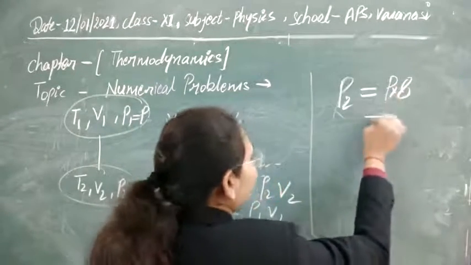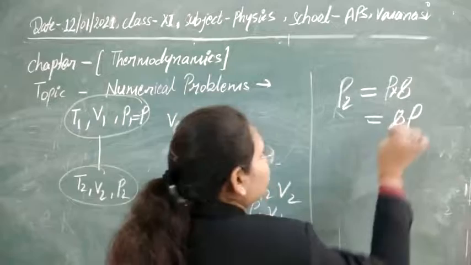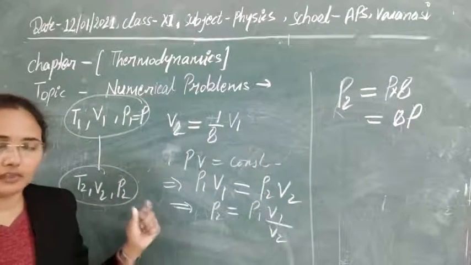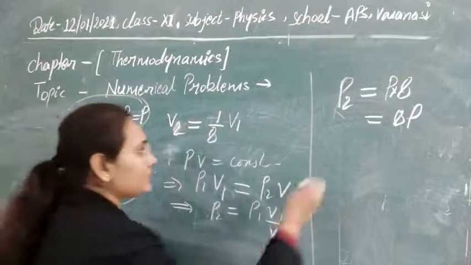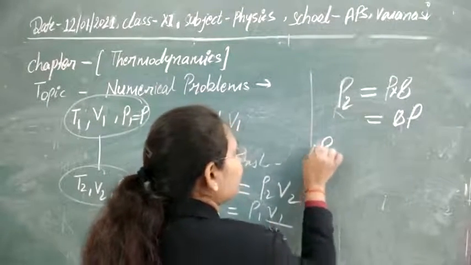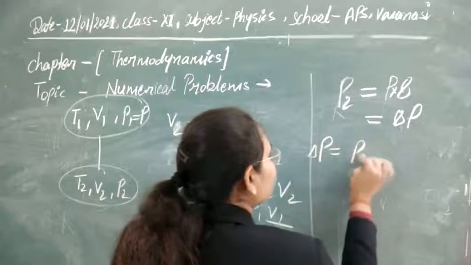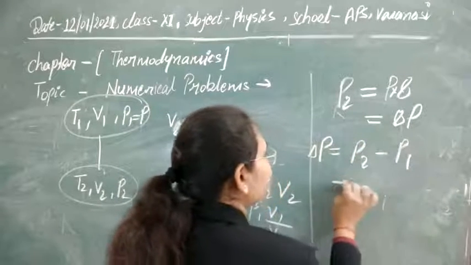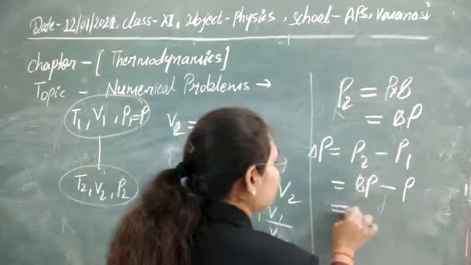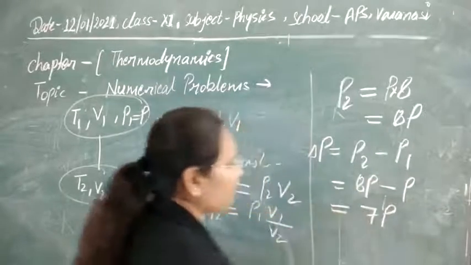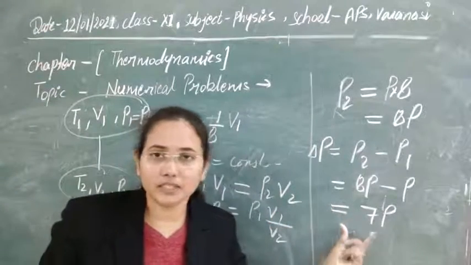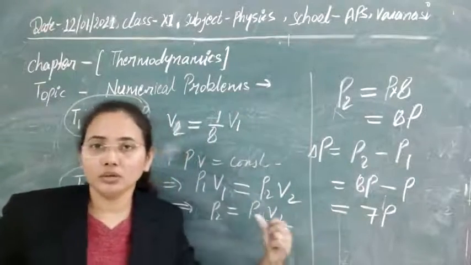So finally you get the value of P2 equal to 8P. Now for the change in pressure, delta P will be equal to P2 minus P1. The value of P2 is 8P, the value of P1 is P, so that is equal to 7P.